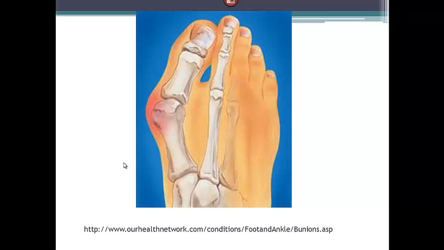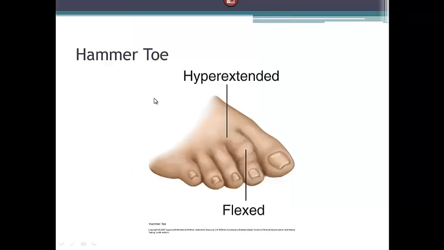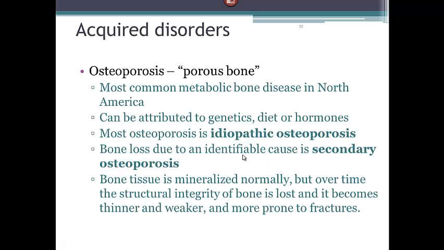This is the bunion or hallux valgus right here, and this is the hammer toe. You have the hyperextension of the proximal and flexion of the distal metatarsophalangeal. Now let's talk about osteoporosis.